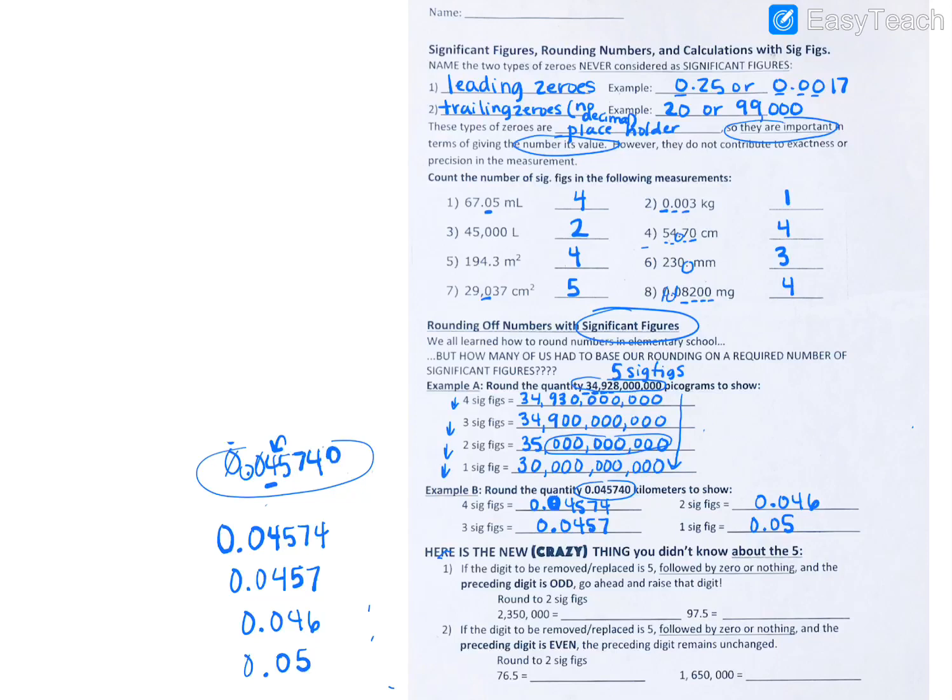Now, something that comes up every year at this time is students are like, well, up here you were putting zeros on behind the numbers. Why are you not putting zeros? Because if I put zeros behind these, that would be trailing zeros with a decimal present, okay? These zeros are very important to keep because they're going to keep your place value without affecting the sig fig count, okay?